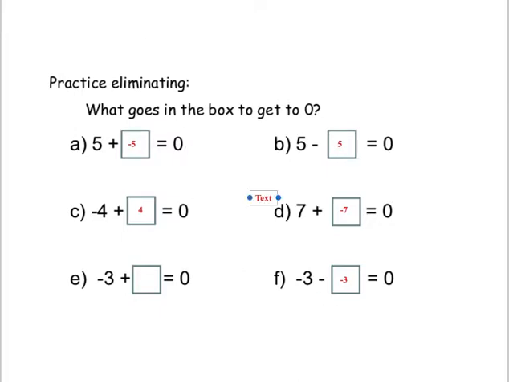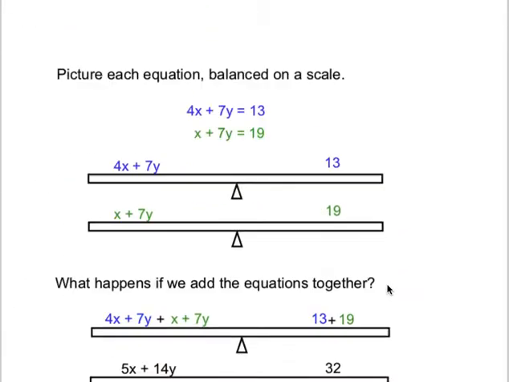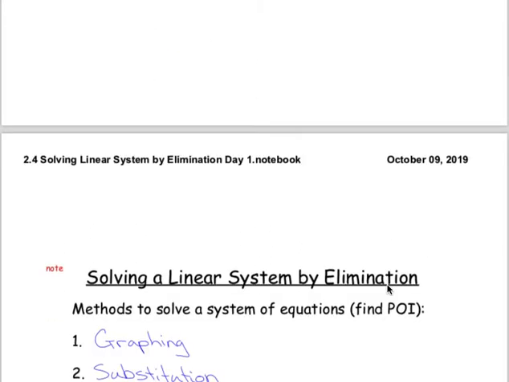So this is just like writing -3, because a negative and a negative gives us a positive. It gives us 0. So now we're going to scroll down, just past all of this.